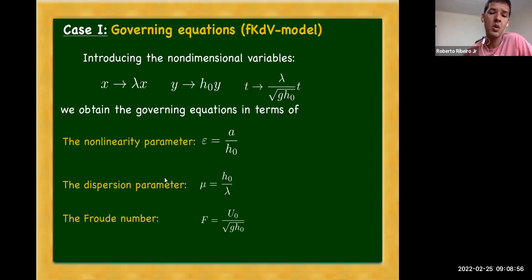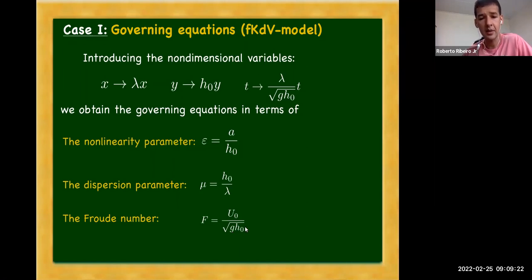The parameter mu controls the dispersion of the wave, and F is the Froude number, which is the relation between the intensity of the current and the speed of waves in the long water wave regime.